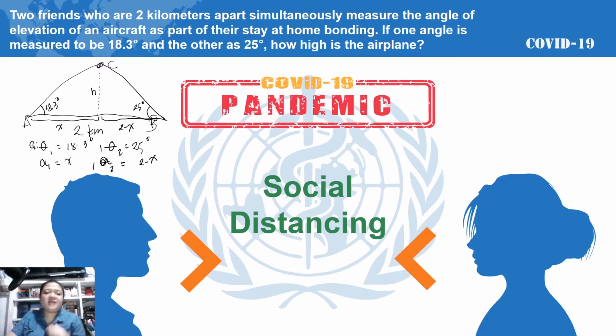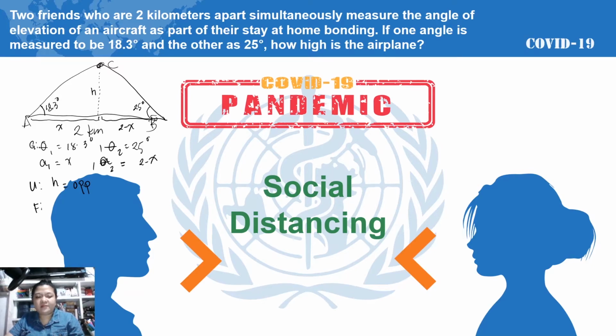Sila ay adjacent dahil nasa tabi sila ng ating mga reference angles. Okay, so hinahanap natin si H. Si H ay side na opposite dito sa ating mga reference angles. So, paano natin kukunin ang height ni H? Hindi na natin kailangan alamin kung gaano sila kalayo sa isa't isa. Ang kailangan lang natin malaman ay kung gaano kataas yung airplane or aircraft.